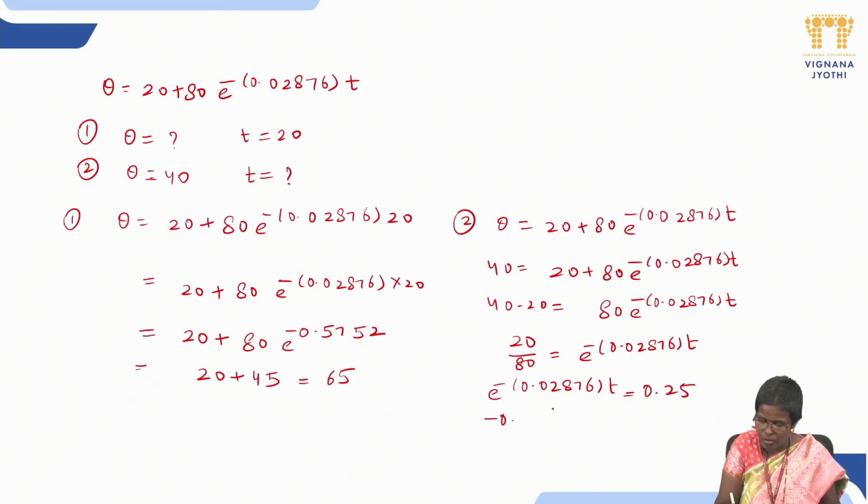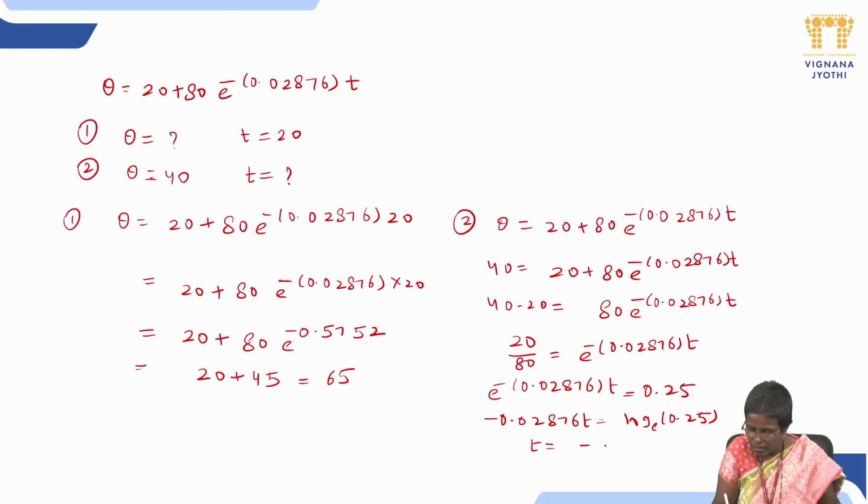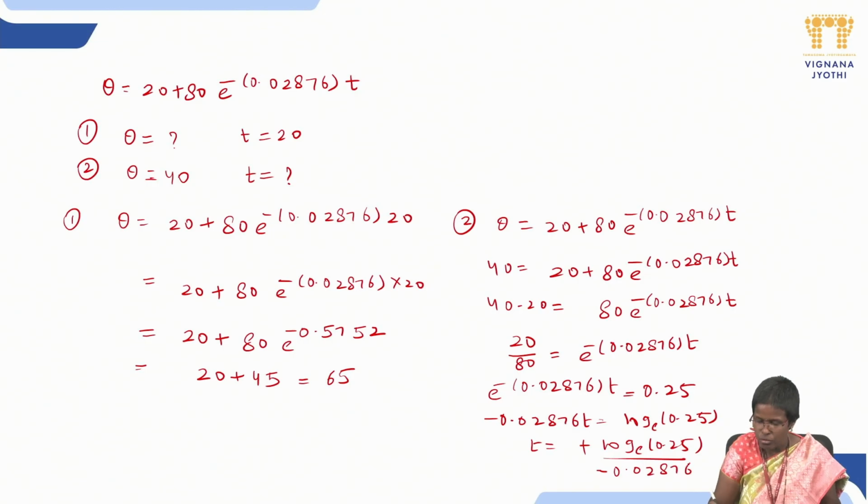If we take logarithms on this side, log e 0.25, already in the problem they have given the value. So after substituting the value, t equals log e 0.25 divided by minus 0.02875.